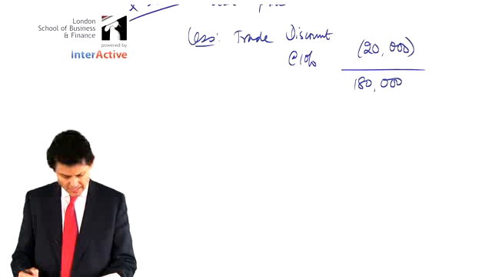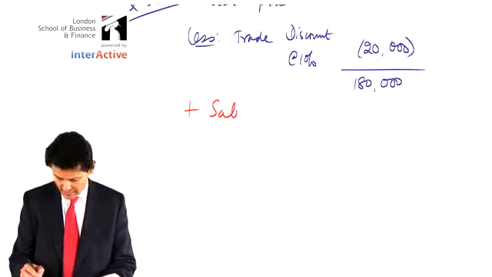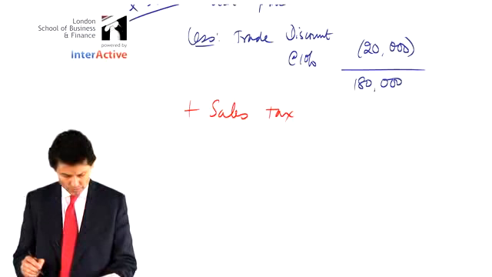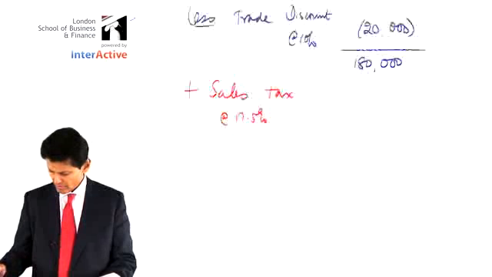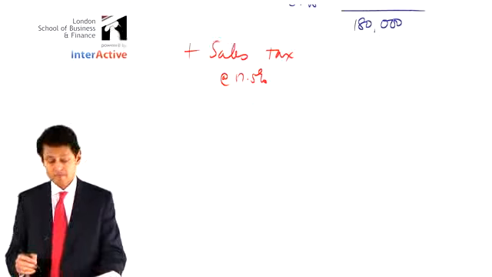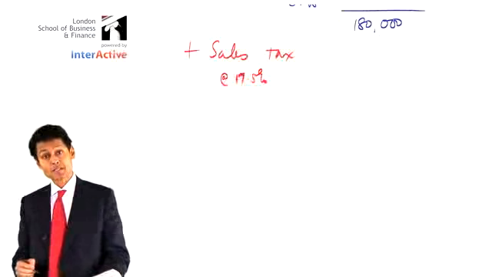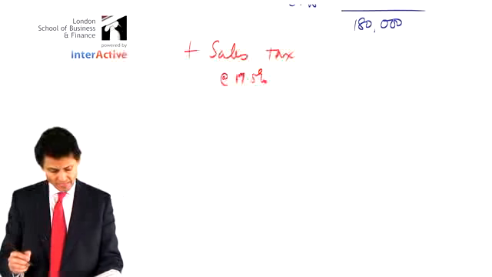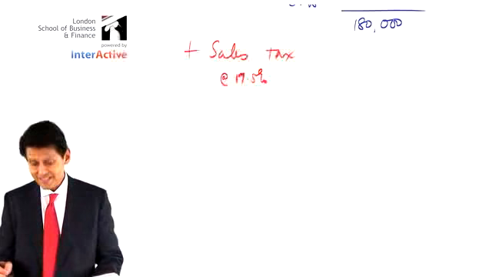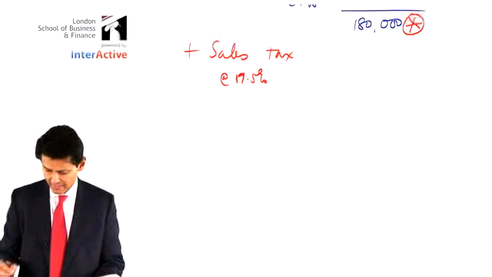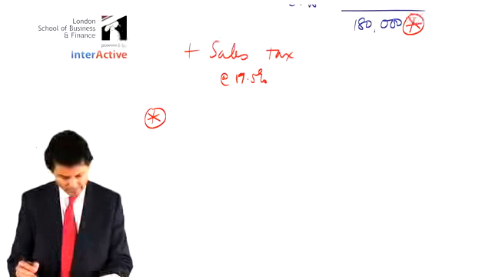The 180, I need to add sales tax to at the rate of 17.5%, or 15, or whatever percent the value-added tax might be. In this case, they call it sales tax. Absolutely fine. Now, there's a small little rule which says you've got to assume, when you're trying to work out the sales tax, that the discount for quick payment will be claimed.